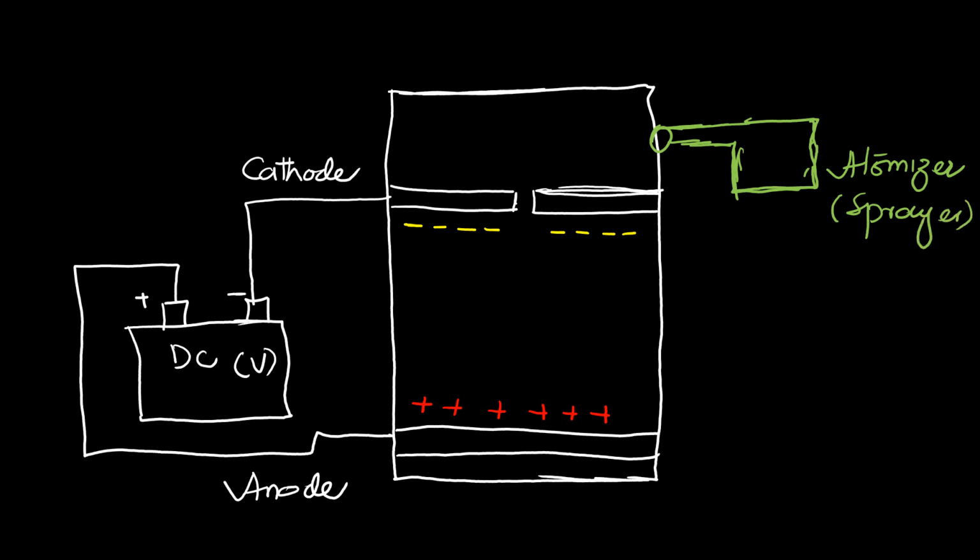The role of a sprayer is to introduce small particulates of oil inside the chamber of the apparatus. So oil molecules were introduced through the atomizer inside the Millikan oil drop experimental chamber.